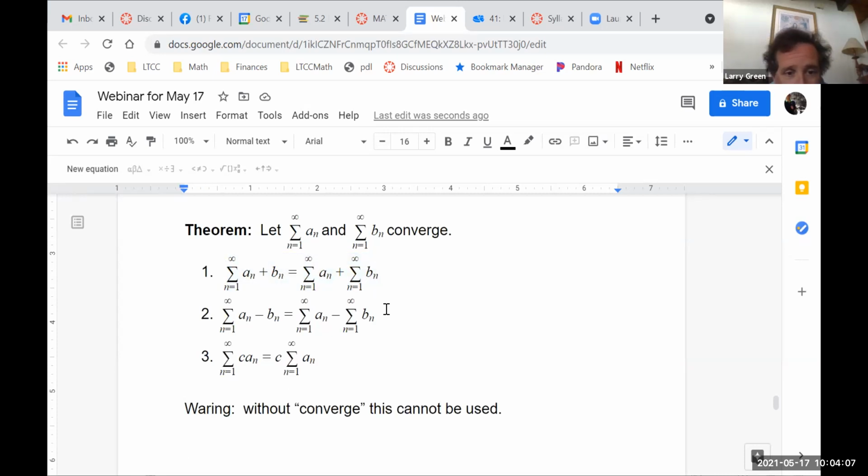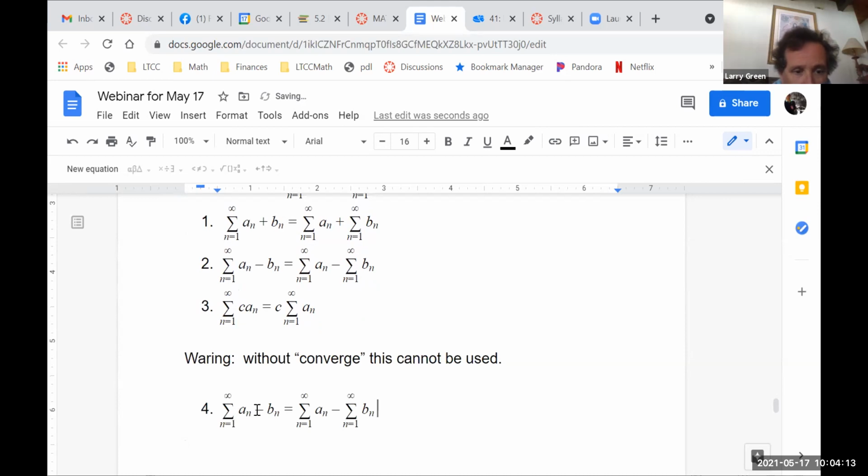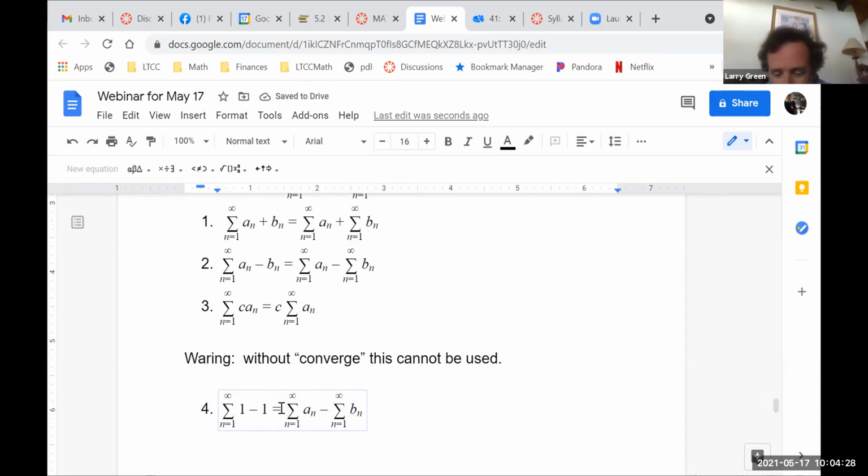Let me do a subtraction one. Let's suppose an is just the constant 1, and bn is also the constant 1. I'm going to put equals question mark.